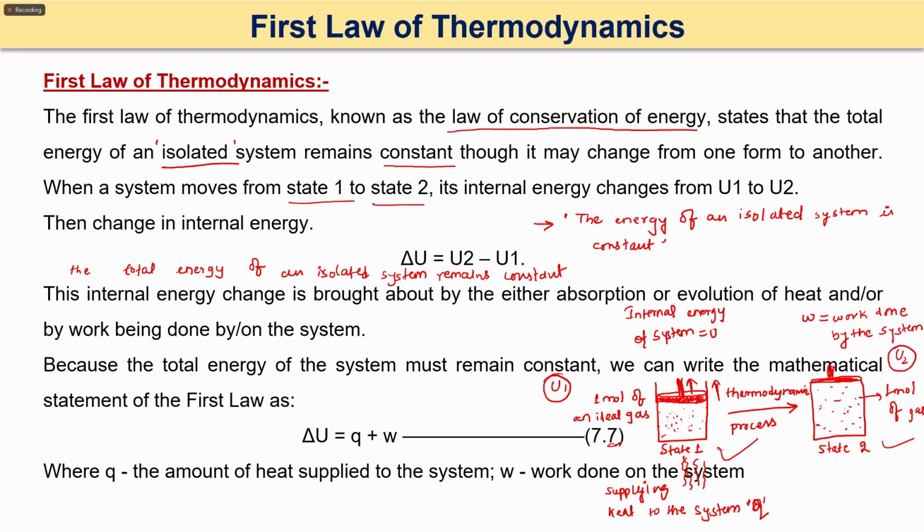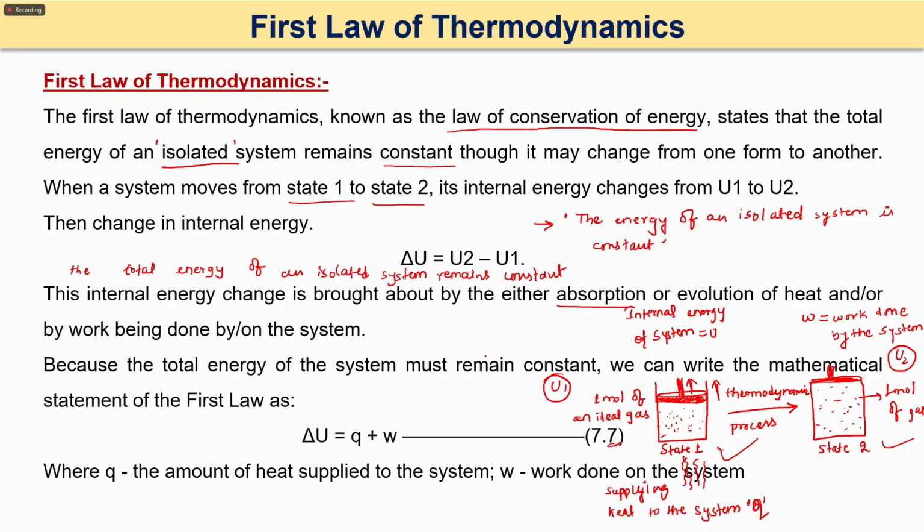The change in internal energy, that is delta U, is denoted by U2 minus U1. And then this internal energy change is brought about by either absorption or evolution of heat. Here in this case, we are supplying heat to the system.